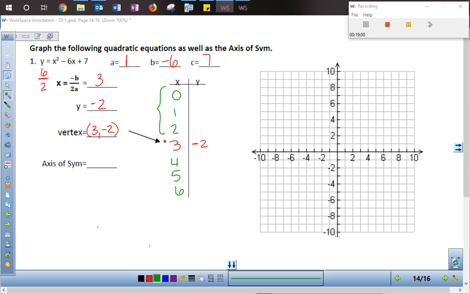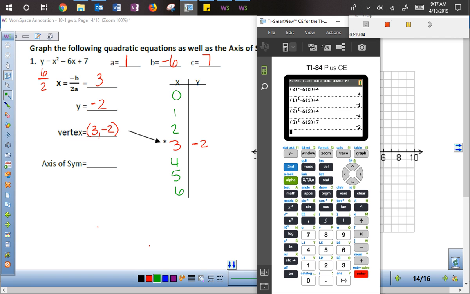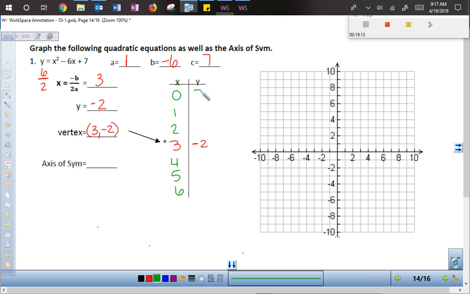So if I substitute 0 into my equation, let's see what I get back. I'm going to get 0 squared minus 6 times 0 plus 7, which is going to give me a result of 7. Now if this guy is 7 up here, that also means down here, this guy is 7. Let's try it again for the number 1.